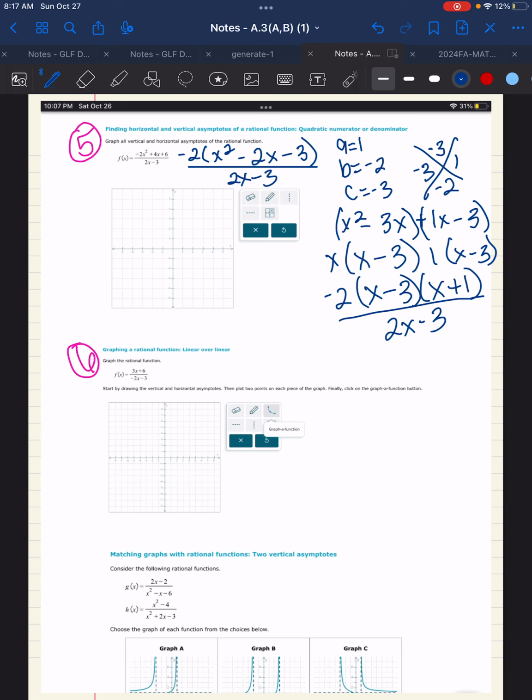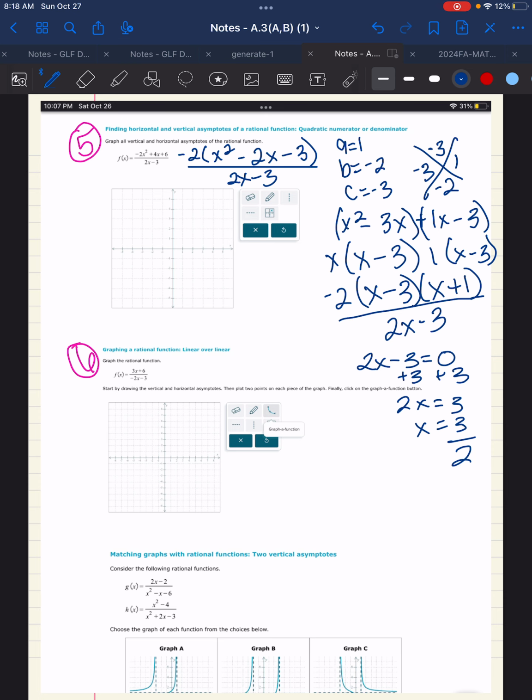Take that denominator and set it to equal 0. Feel free to pause the video to do it. You should have gotten x equals 3 over 2.